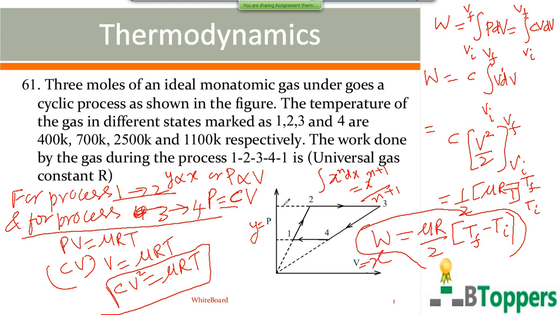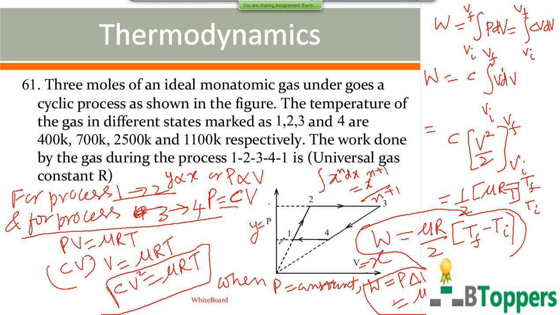Now for the process 2 to 3, pressure is constant. So work done by a fixed mass of an ideal gas when pressure is constant, or in an isobaric process, as I explained earlier, is given by P delta V, or you can write nu R delta T. So this formula has to be used for calculating work done for the process 2 to 3, where pressure is constant.